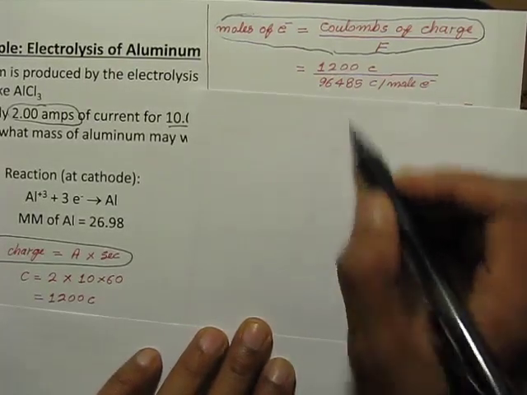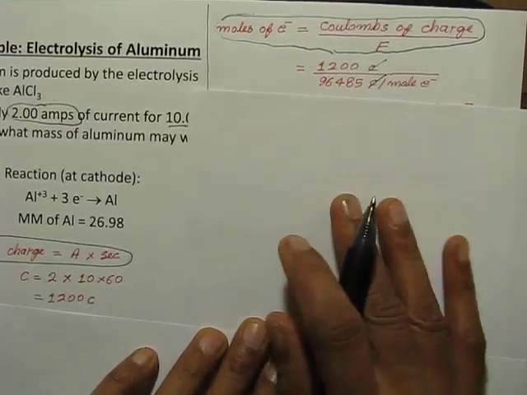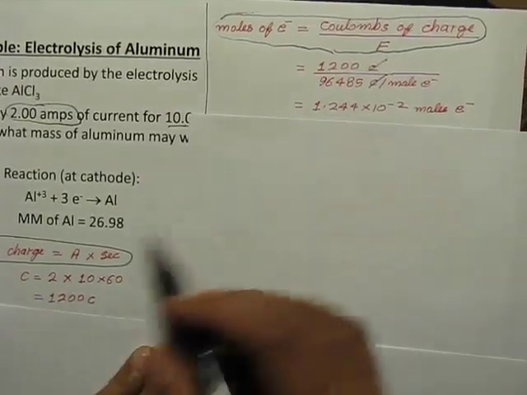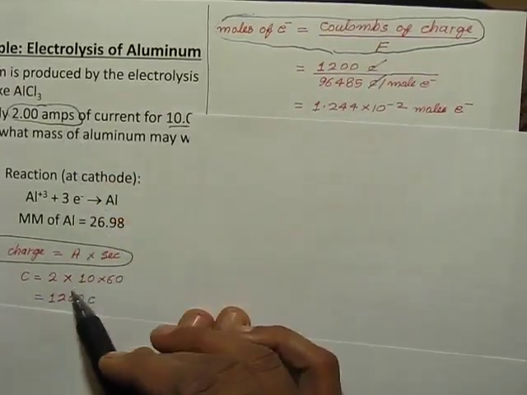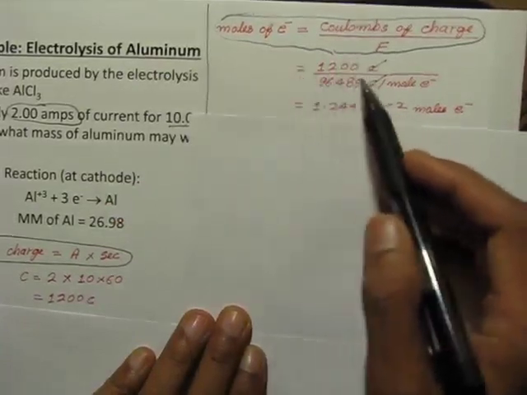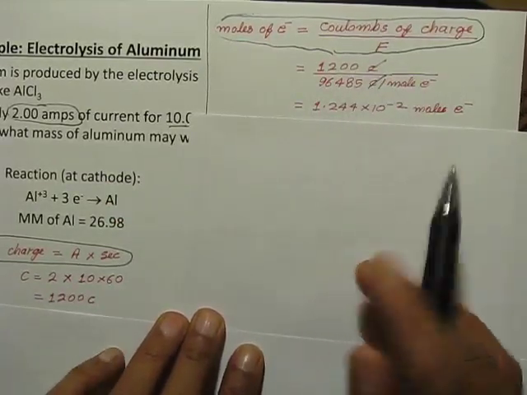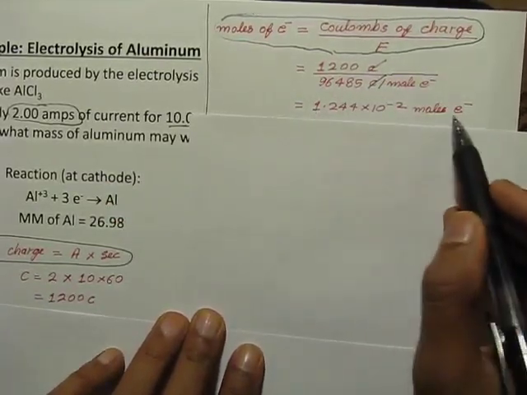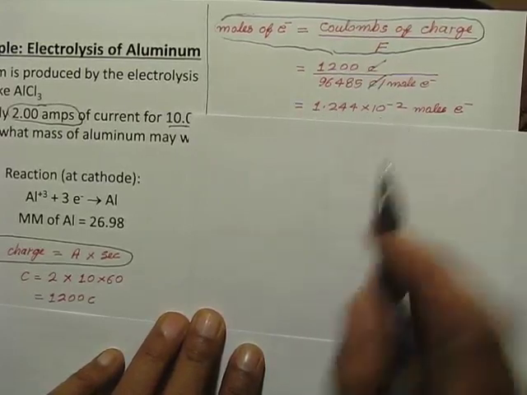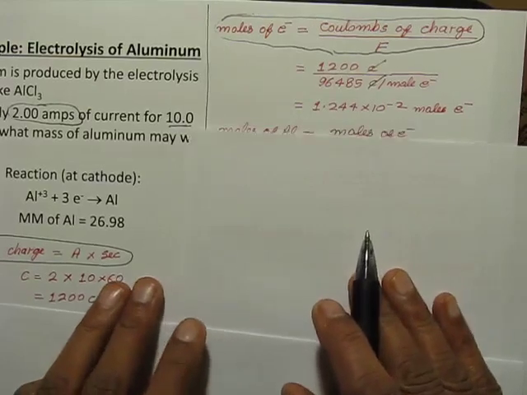This is the unit of Faraday, so coulomb will be cancelled and we get moles of electrons. So the number of moles of electron will be 1.244 times 10⁻² when we solve this math.